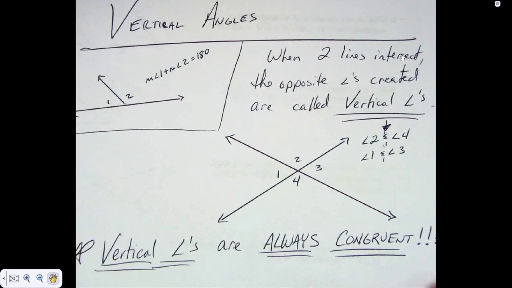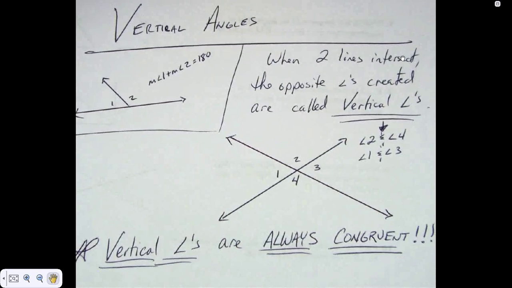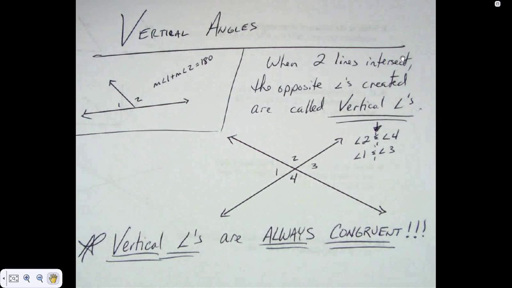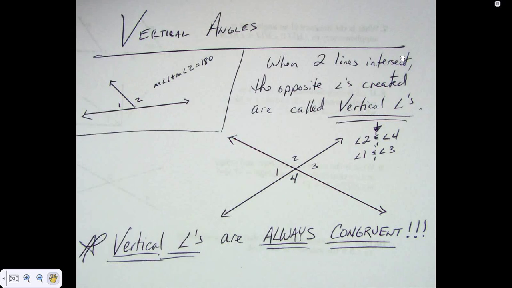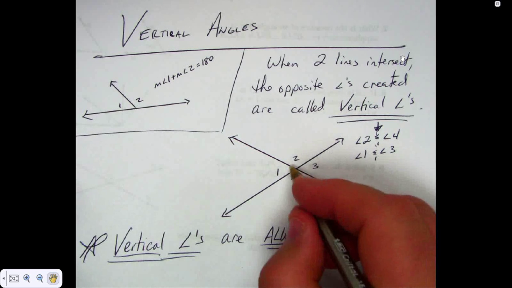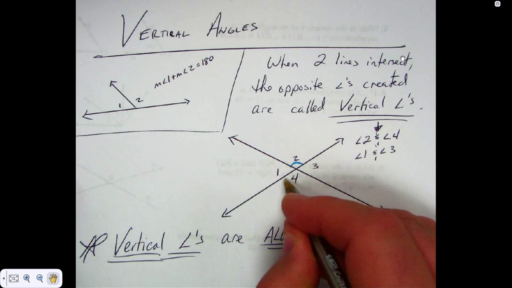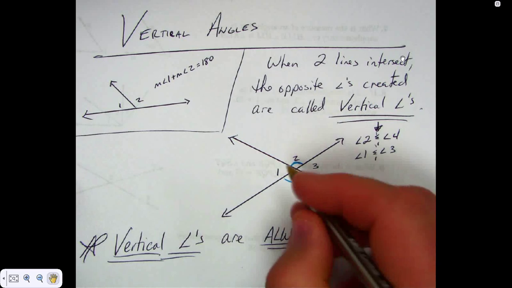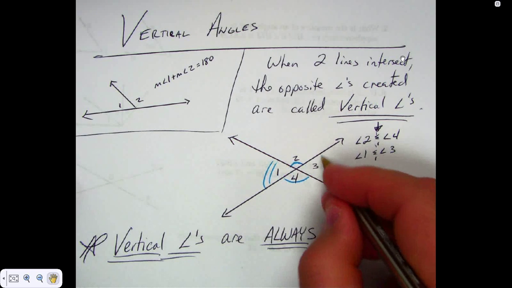Vertical angles are always what? Congruent. So I know right now, just by looking at this picture, that the opposite angles created, that angle 2 has to be congruent to what? Angle 4. And that angle 1 has to be congruent to angle what?